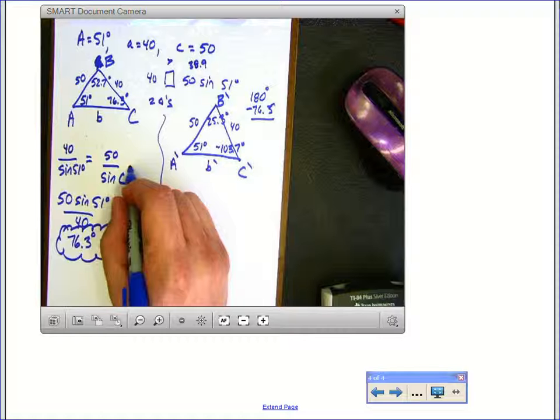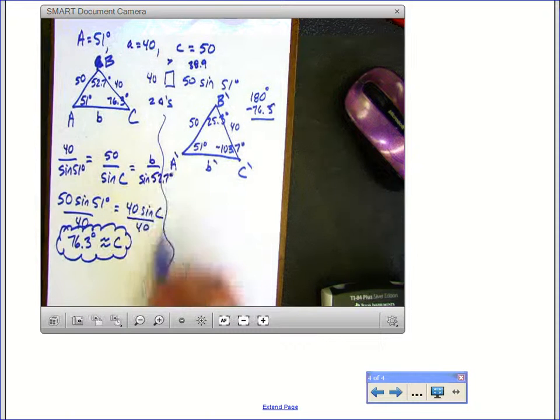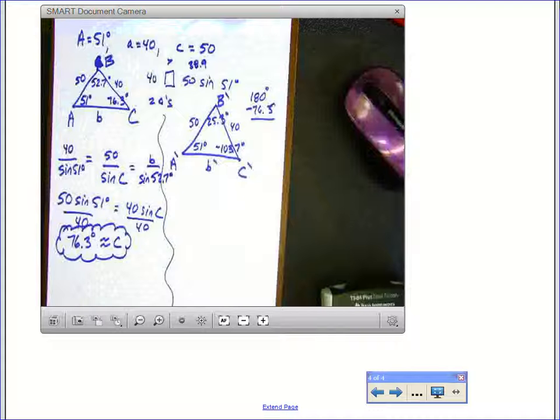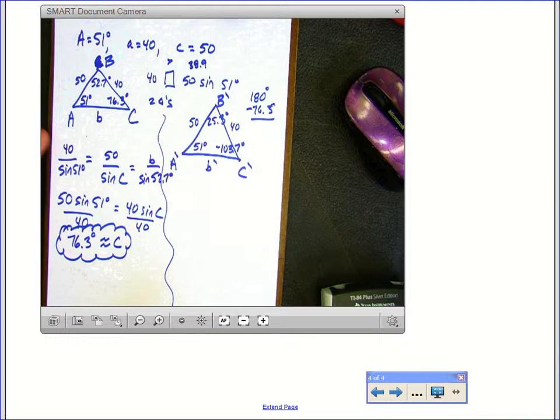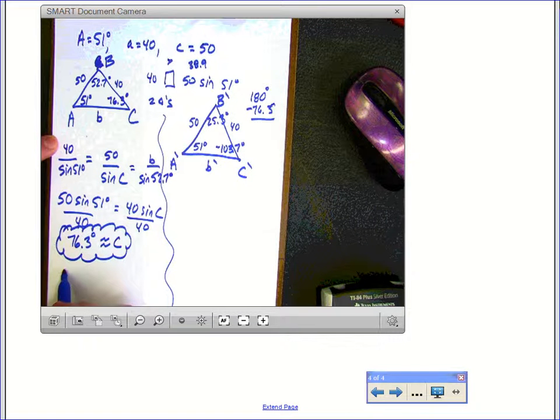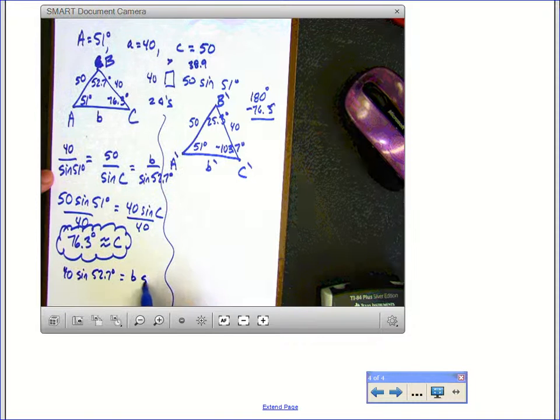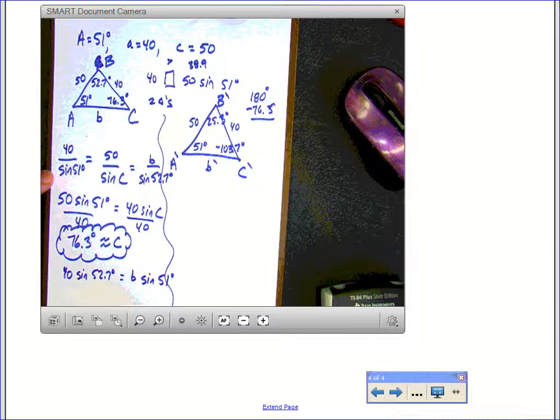So B over the sine of 52.7 degrees. Do y'all want to cross multiply with that first one again? It's probably better. So we get 40 times sine of 52.7 equals b times sine 51. Now how am I going to find the b?